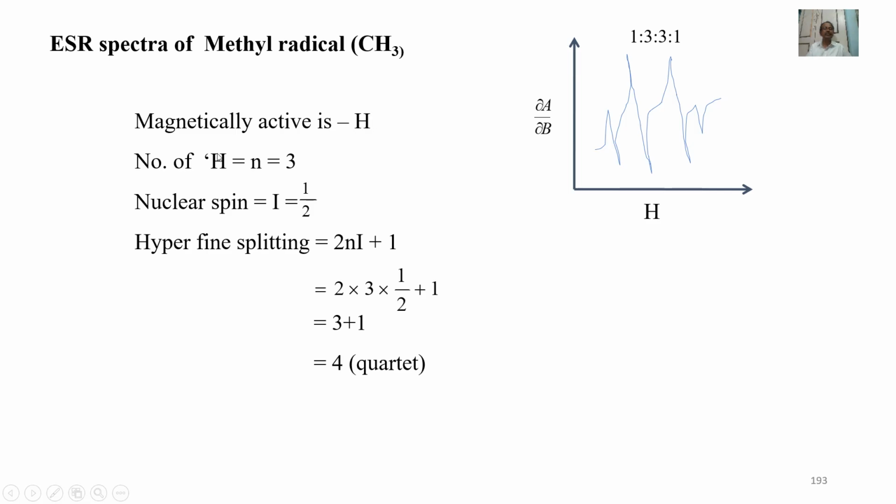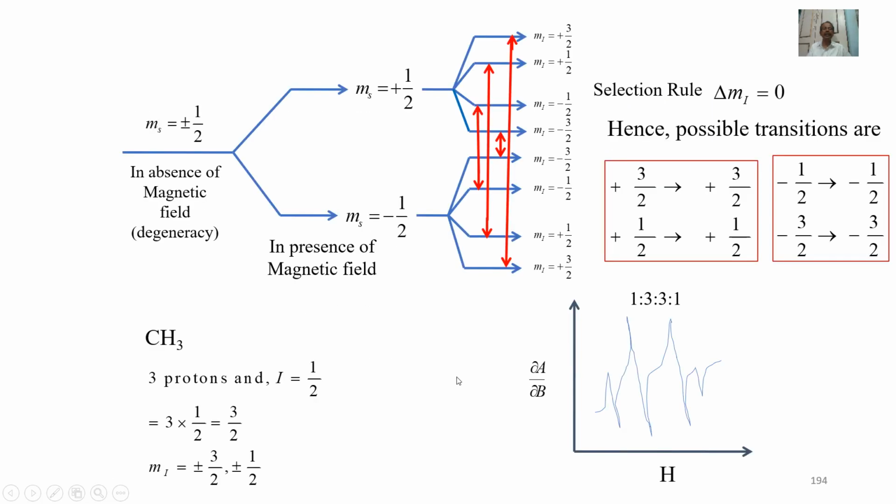The number of protons is n equal to 3, and the nuclear spin is 1/2. Substituting in the hyperfine splitting rule, we have four intense lines, a quartet. This is the pictorial representation of methyl radical, with four possible transitions: plus 3/2 to plus 3/2, plus 1/2 to plus 1/2, minus 1/2 to minus 1/2, and minus 3/2 to minus 3/2. And this is the experimentally observed spectrum, 1:3:3:1.